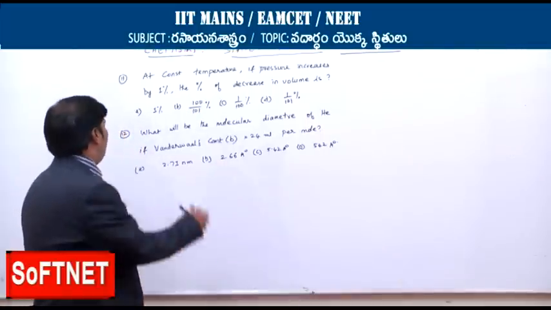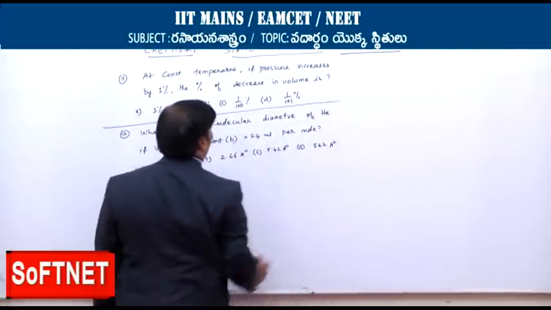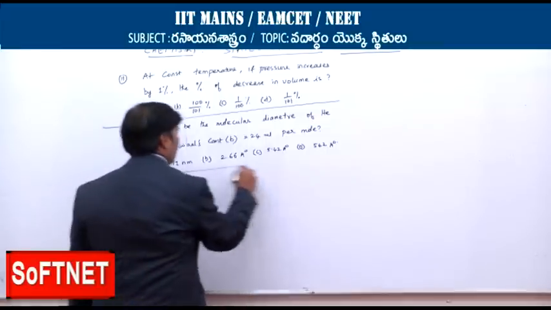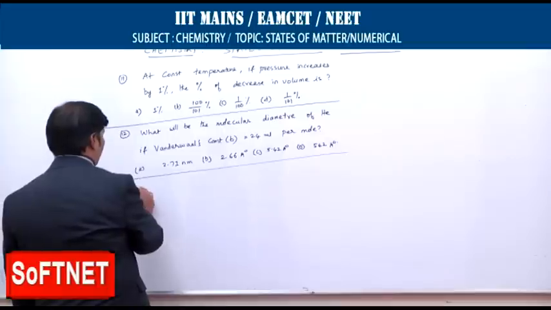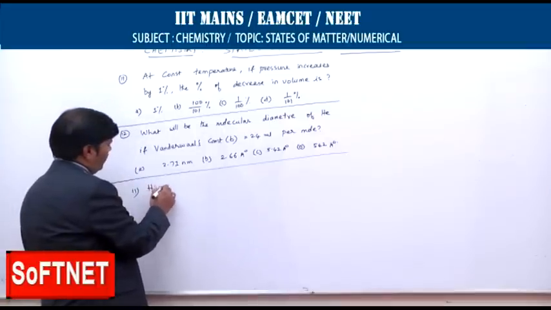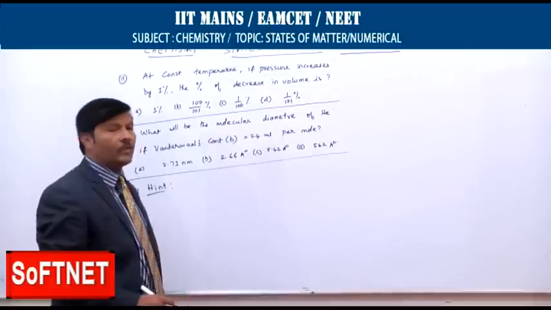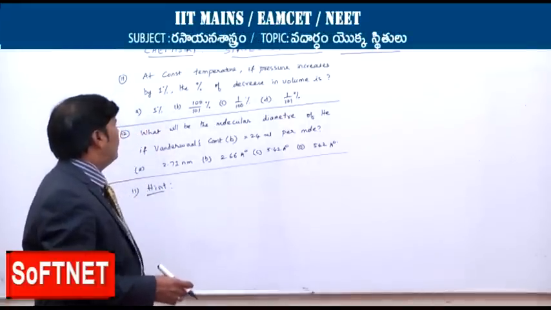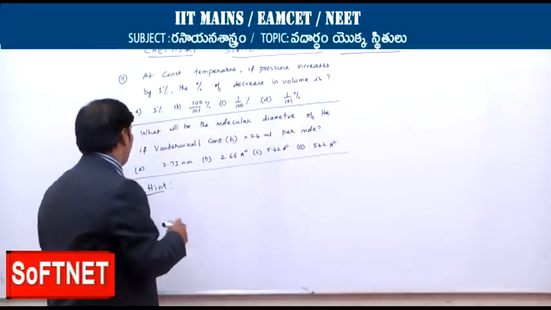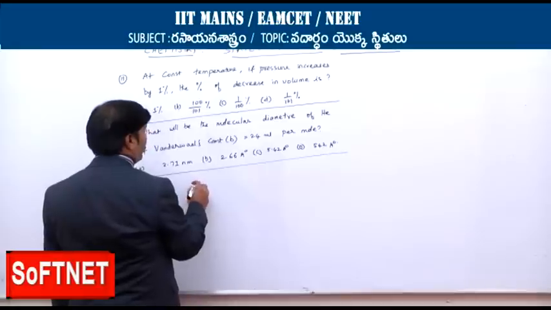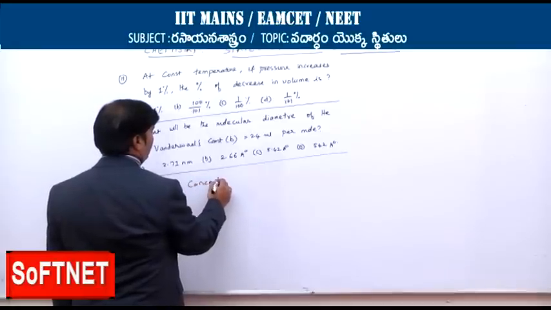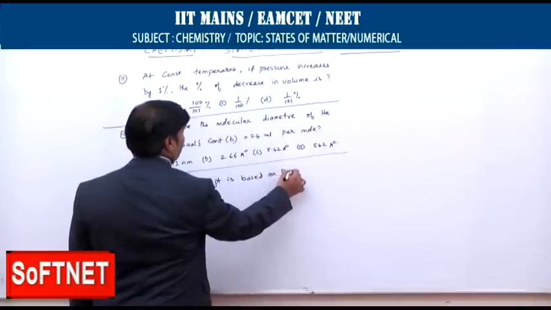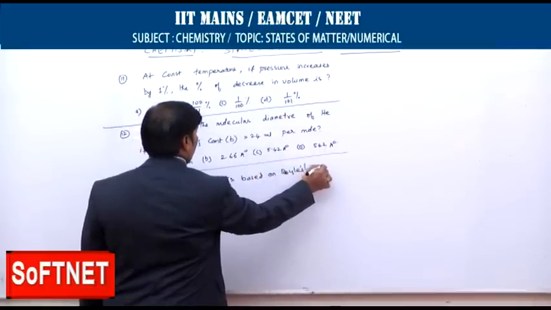Yes, my dear students, look at these two problems here. One is the 11th and the other one is the 12th problem. So, the 11th problem, if I take the hint: at constant temperature, if the pressure increases by 1%, the percentage decrease in the volume is, that means this 11th problem is purely based on Boyle's law.